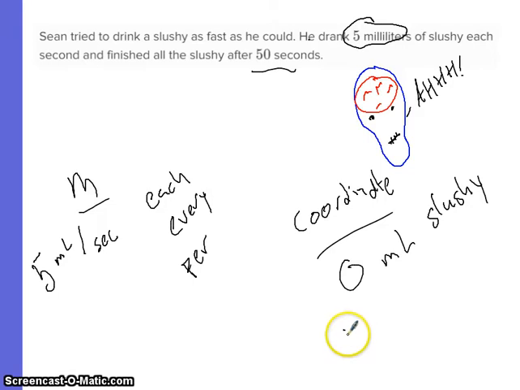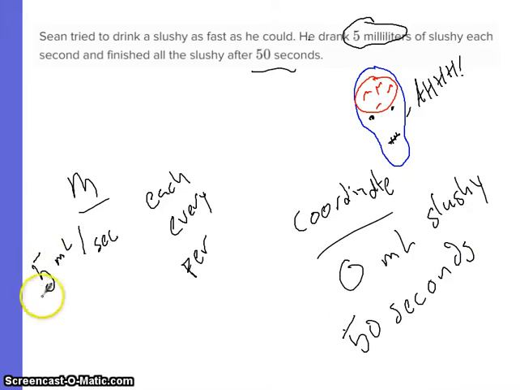I ask these questions and I'm just not getting... Alyssa Padilla, when does he have no slushie? Yes, 0 milliliter slushie. What amount of time does it take him to finish his slushie and have no slushie? 50 seconds.